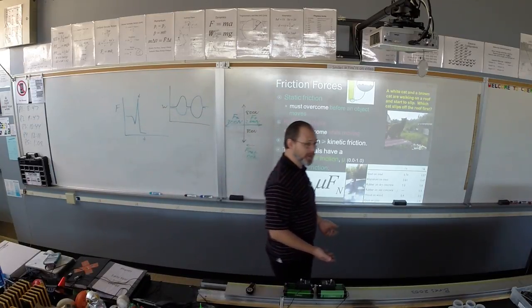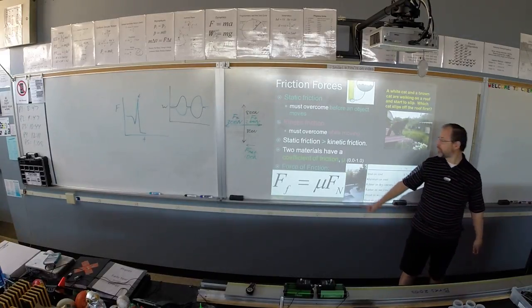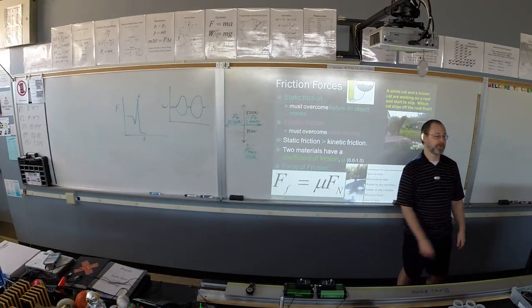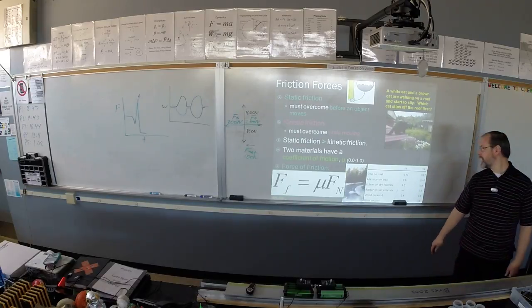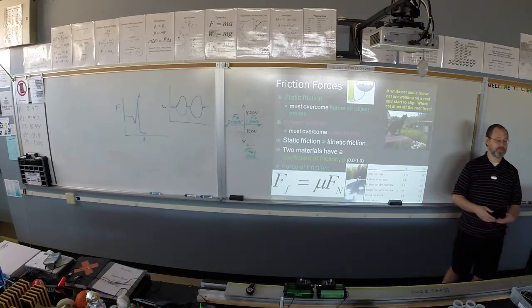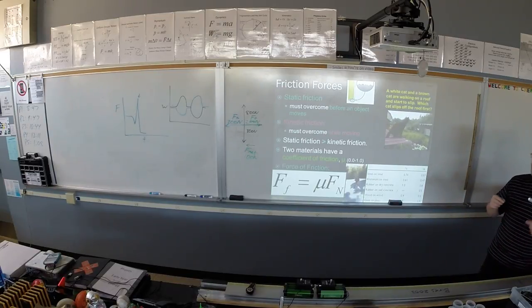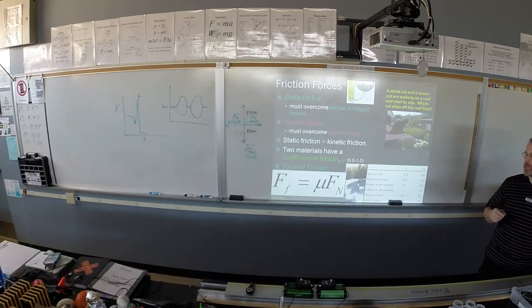If you have a mu of 1, like rubber on dry concrete, then you could potentially turn all of your normal force into friction force. If you have a tiny mu, like glass on water or ice on steel, or ice on water, you'll have a very small amount of your normal force turning into friction force.